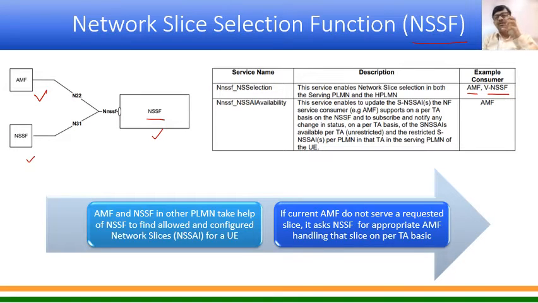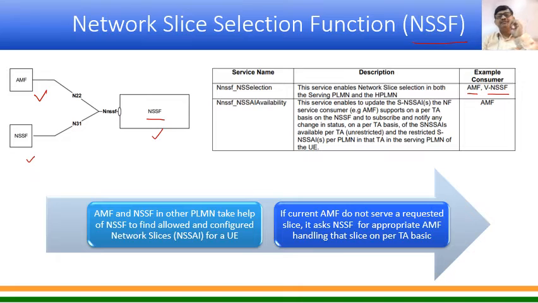So for a particular user, which slice is to be offered, whether the user is authorized to access that slice or not, basically NSSF provides that information to AMF and the visited network slice selection function.